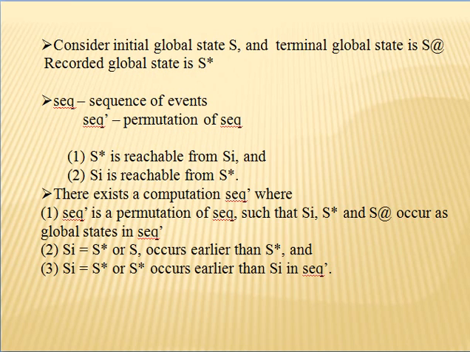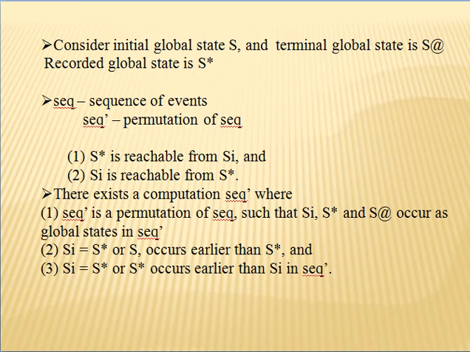Let the algorithm be initiated at the global state S1, anything we can take, and terminate at the global state S at, and the recorded global state as S star. We can show that S star is reachable from Si, and Si is reachable from S star.